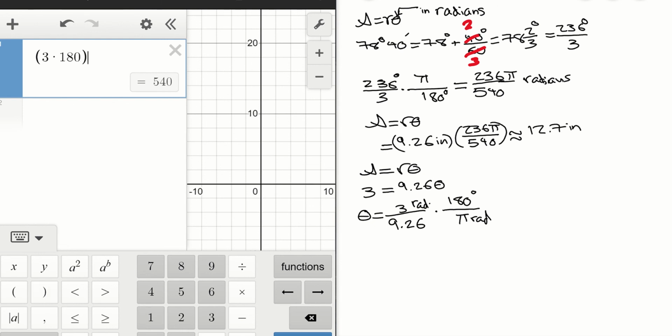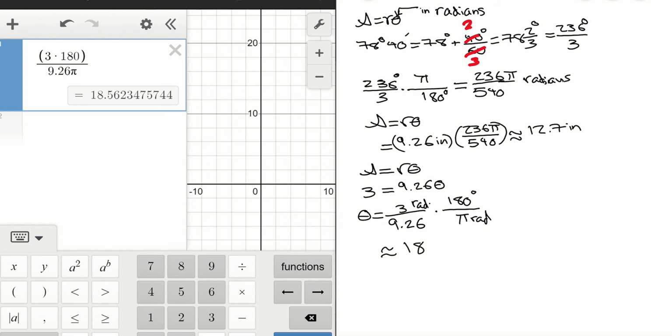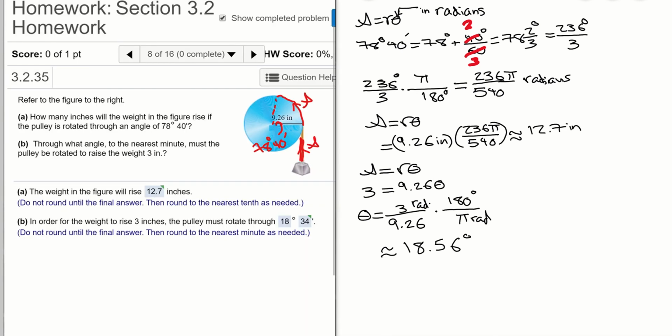That's going to be our numerator, and downstairs we're going to have 9.26 pi. So we get approximately 18.56 degrees.